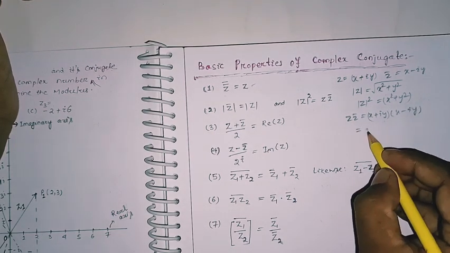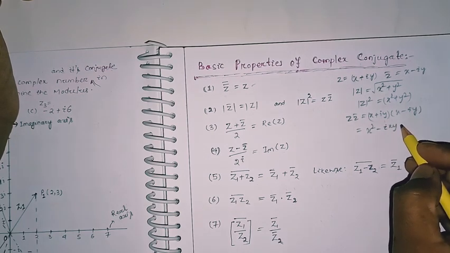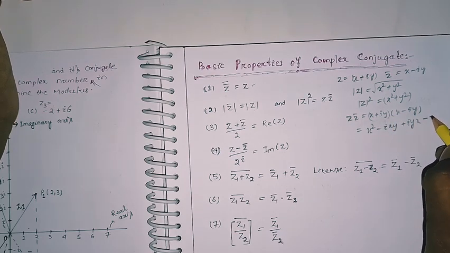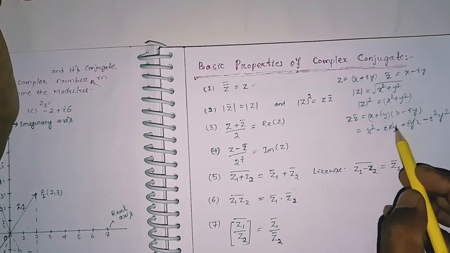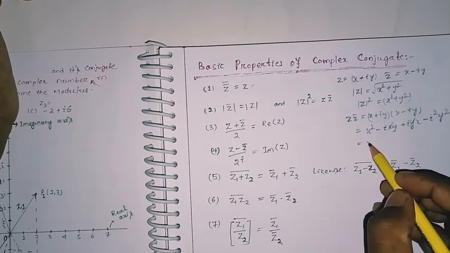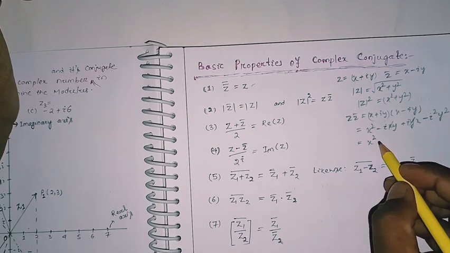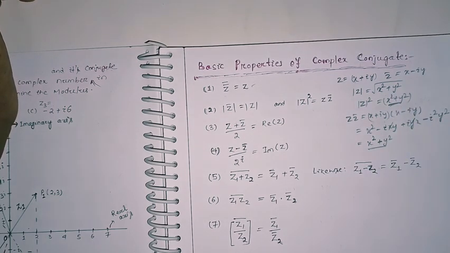We get x square, then minus ixy, plus iyx, and minus i square y square. The xy and yx terms cancel, and we have x square, and minus i square is minus minus, giving plus y square. So both are the same.